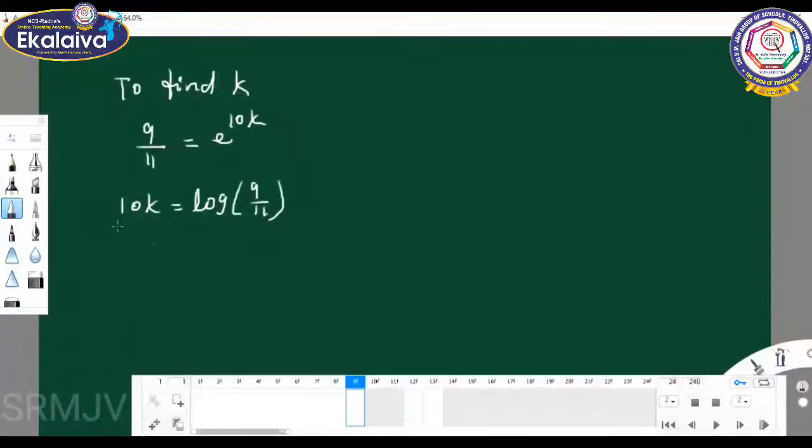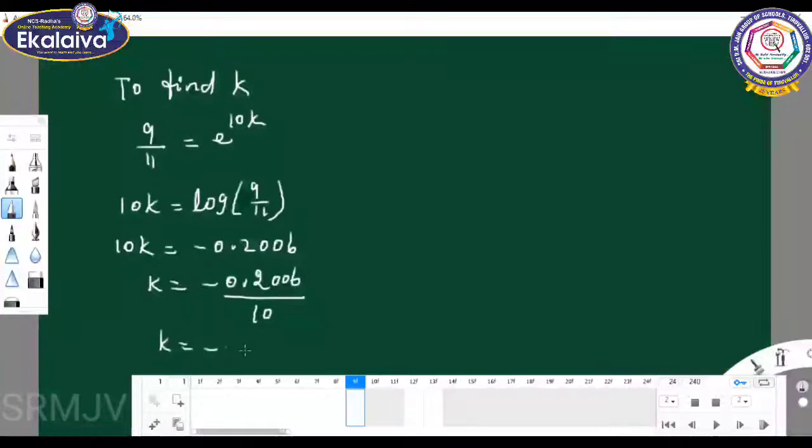The value of log of 9 by 11 is given in the question itself: minus 0.2006. So 10k equal to minus 0.2006, divided by 10. So what is the value of k? k equal to minus 0.02006.